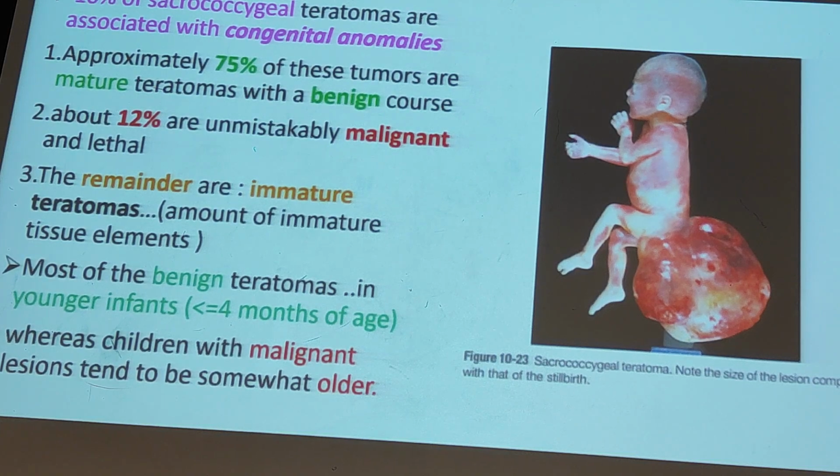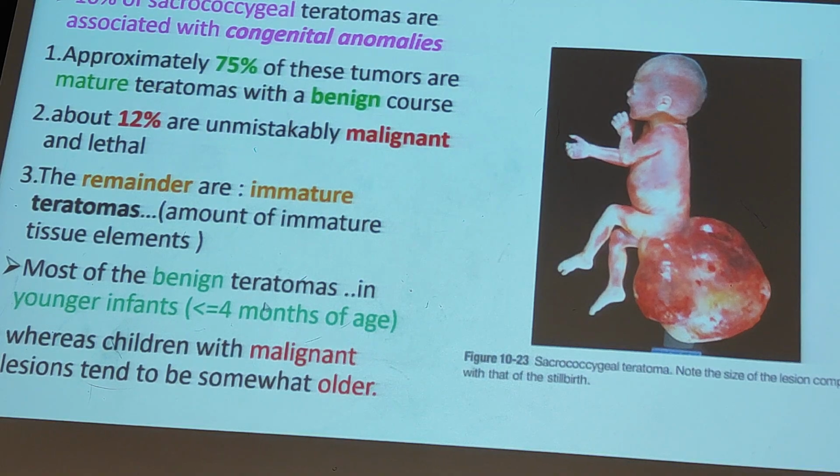About 75% of the teratomas are mature teratomas, so are benign, and 20% of them are malignant and can be lethal. And the remainder are immature teratomas that have some amount of immature tissue elements.